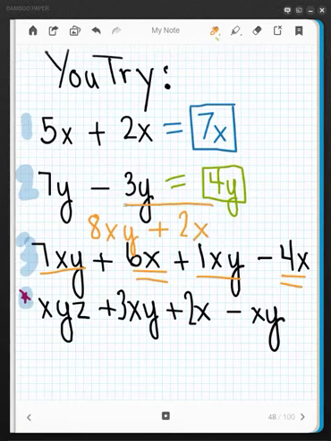And that's as good as it gets, because I want to make sure that everybody knows that these things are different from these. So I say I have these and I have these over here. Now something I want to talk about is what I did here. This 7xy plus this 1xy, what I'm actually doing is the commutative and the associative property there. I'm commuting in my mind, saying I'm going to put these 7xy's and this 1xy together.